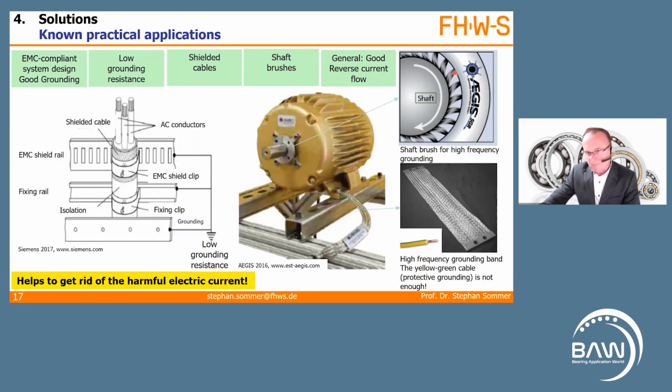It is a ring with very thin hair, carbon hair, collecting the electric currents, the high frequency electric currents from the shaft. And if we do that, this bundle of things helps to get rid of the harmful electric current.